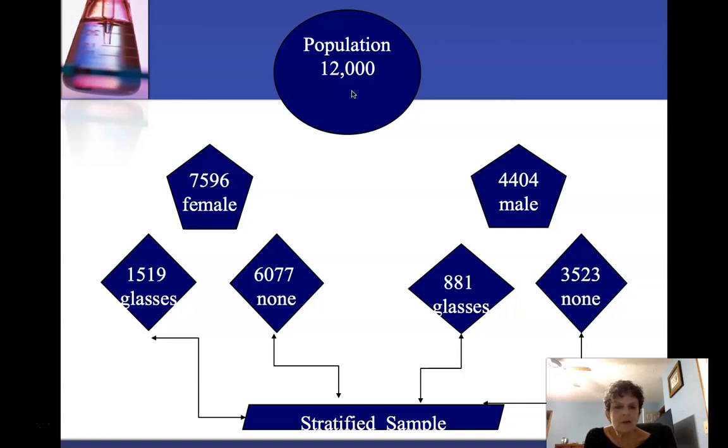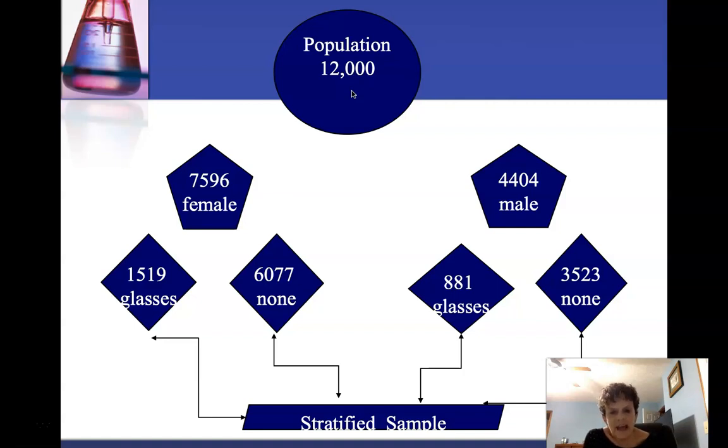So you can either easily subtract it from the 12,000, or you can take the 36.7 and multiply it by 12,000 to get the number of males. And then the problem said that we have 20% of both wear glasses. So 20% of the 7,596 is 1,500, and 20% of the 4,404 is 881.